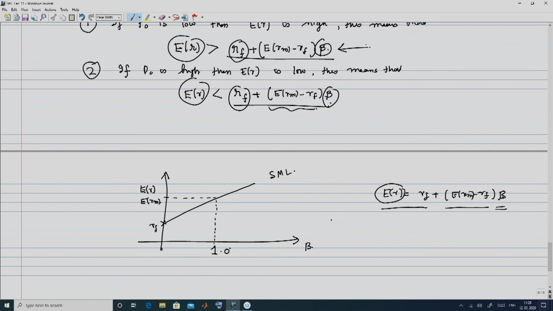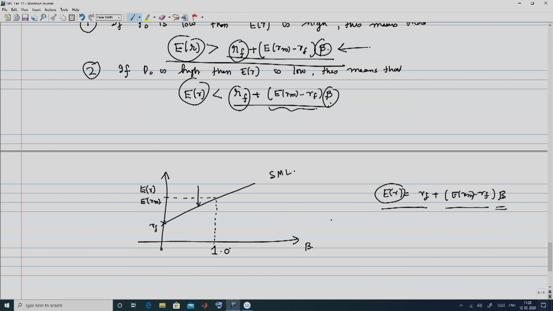So, what happens here is that if your E of r is greater than this value which is given by the security market line, this means that it lies above the security market line. So, this expression means that the expected return lies above the security market line.